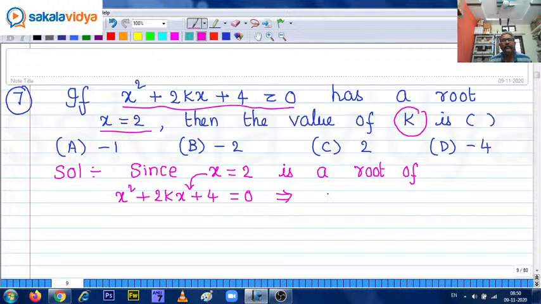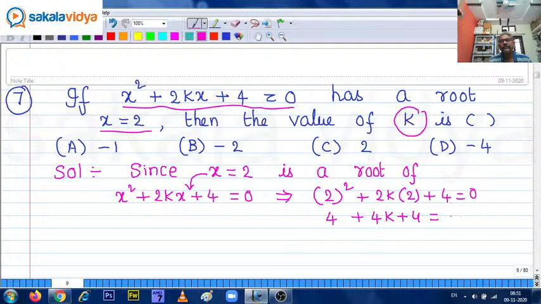So now what do you get here? 2 square plus 2k times 2 plus 4 equals to 0. Observe, this 2 square is 4 plus 4k plus 4 equals to 0. 4 plus 4 is 8. We get 4k plus 8 equals to 0.